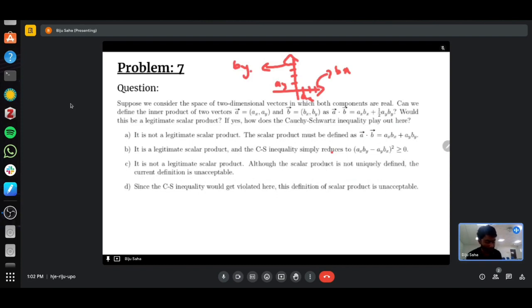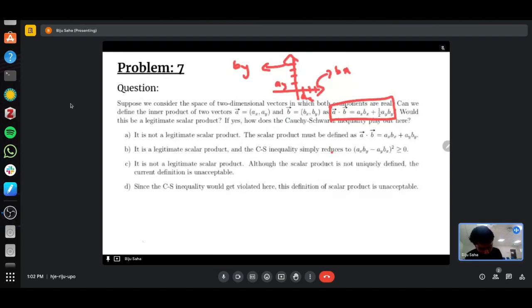In that case, we are asked to find out whether the definition of this inner product is legitimate or not. Is this definition of the scalar product allowed or not?